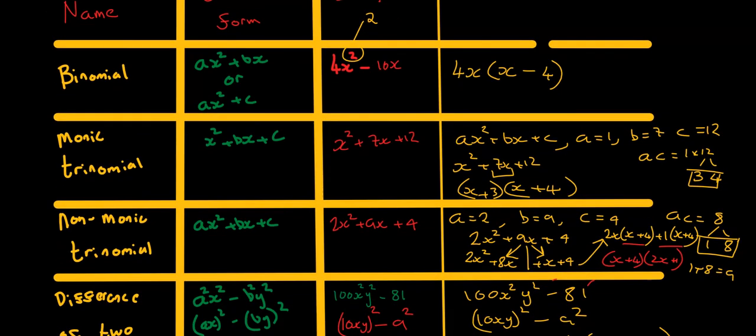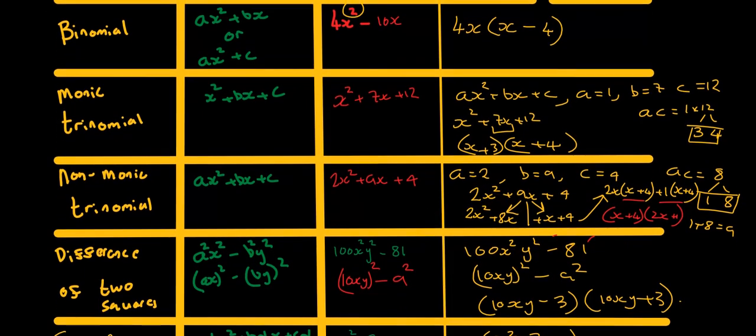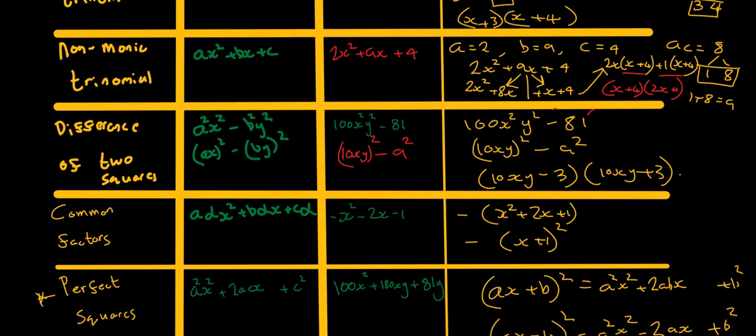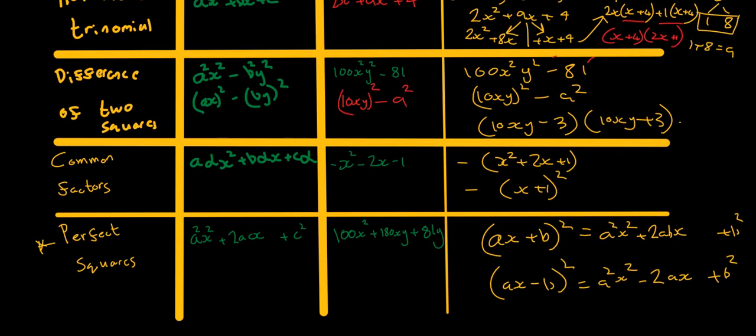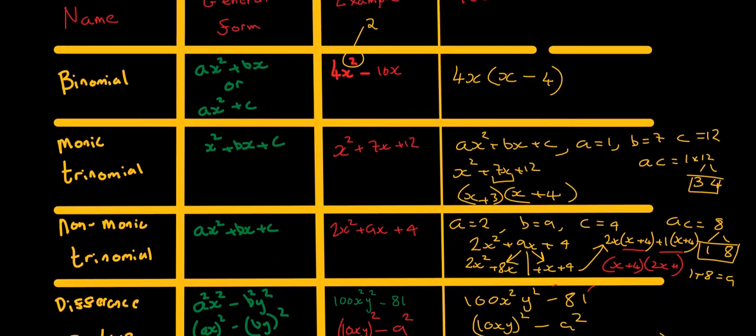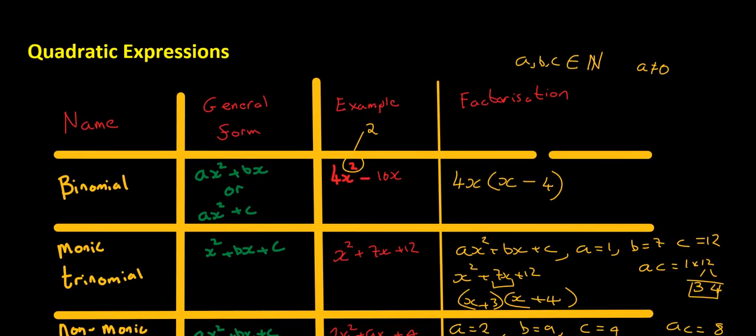We have non-monic quadratic trinomials, where a is not equal to 1. A difference of two squares, common factors, and perfect squares. And I'd encourage you to practice these so that you can recognize them in examinations.